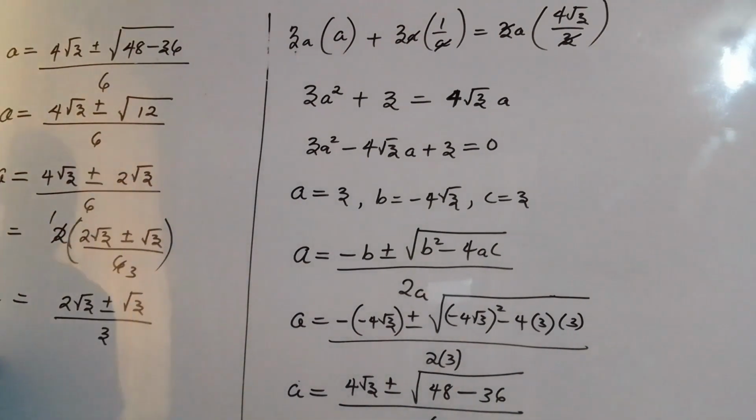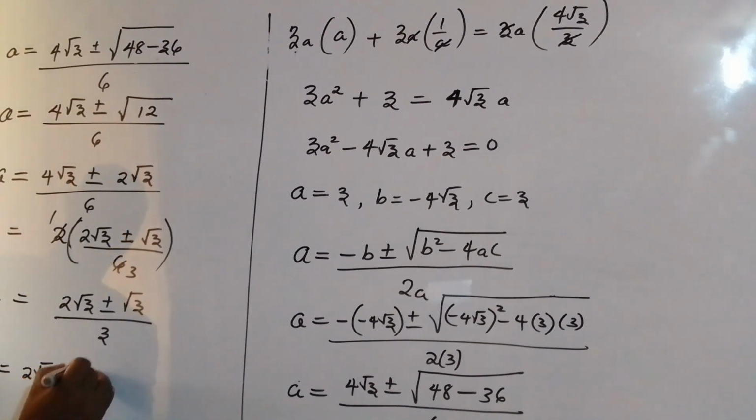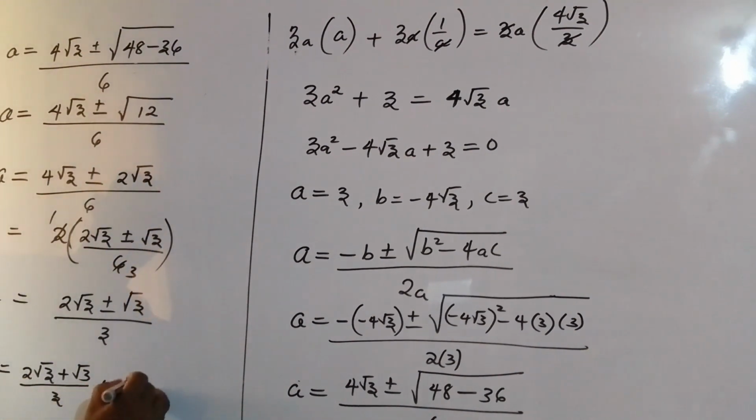So there are two values here. The first value will be a equal to 2 root 3 plus root 3 all over 3, or a will be equal to 2 root 3 minus root 3 all over 3. I hope that is taken.